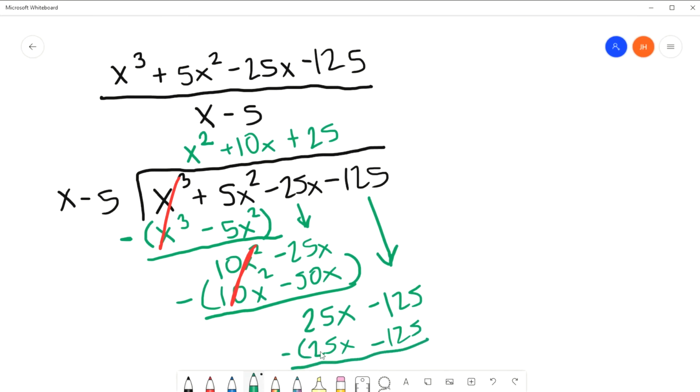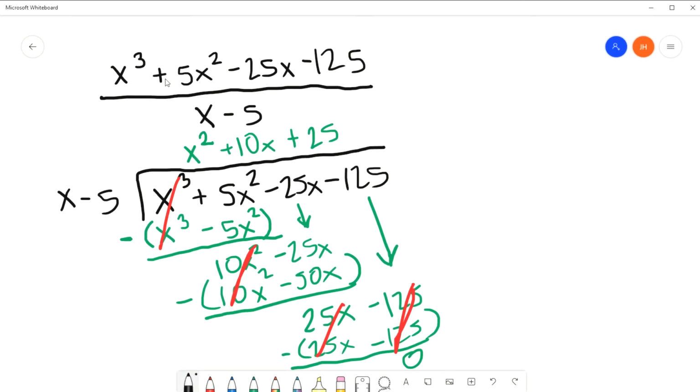When I subtract this, 25x minus 25x cancels out. Negative 125 minus negative 125, that's plus. These cancel out, and I'm left with 0, which is perfect because 0 is my remainder, which means that these are a perfect division.